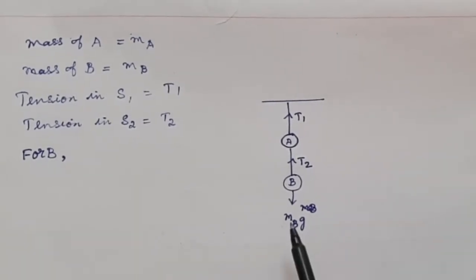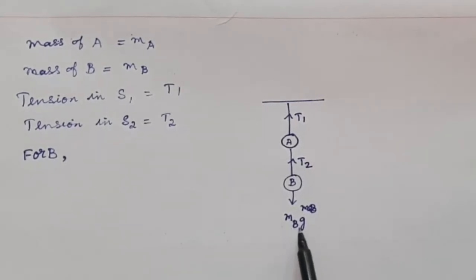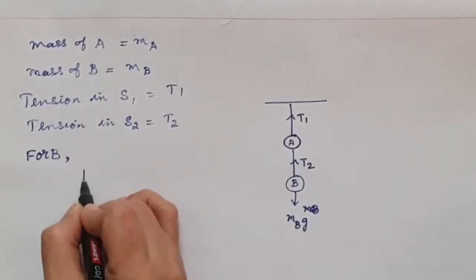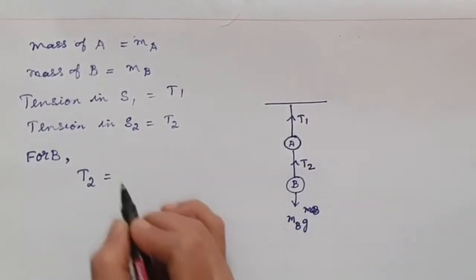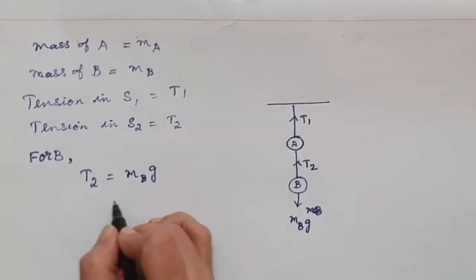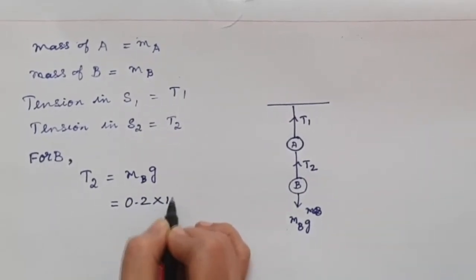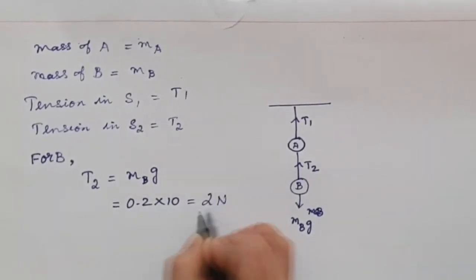When we take the forces acting on particle B, we have only T2 and MBG. So T2 will be equal to MBG. The mass is 0.2 and g is 10, so it will be equal to 2 Newton.